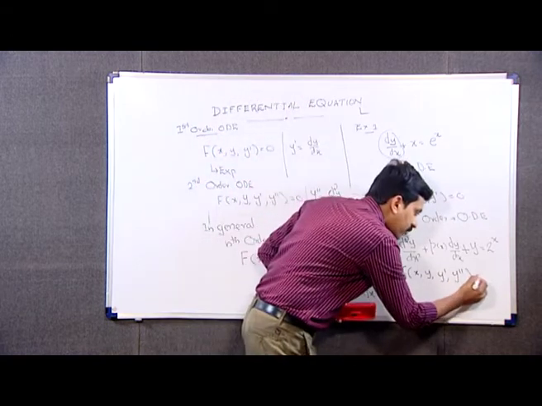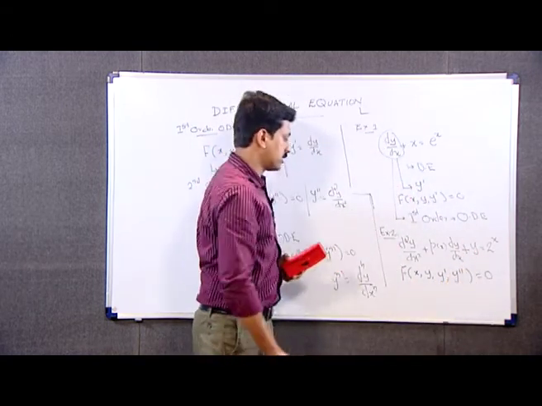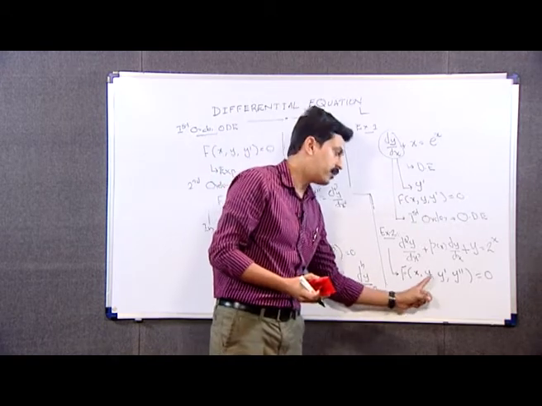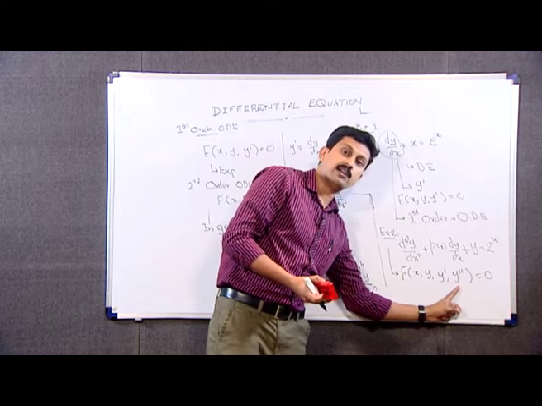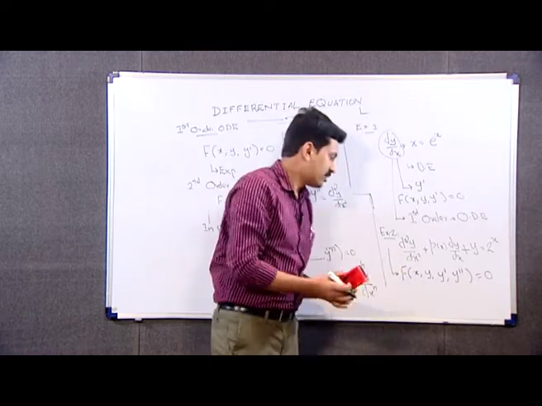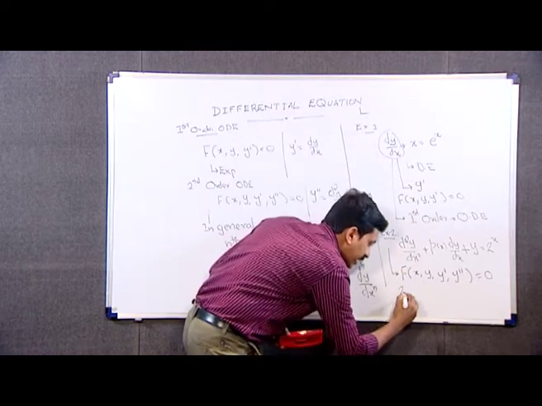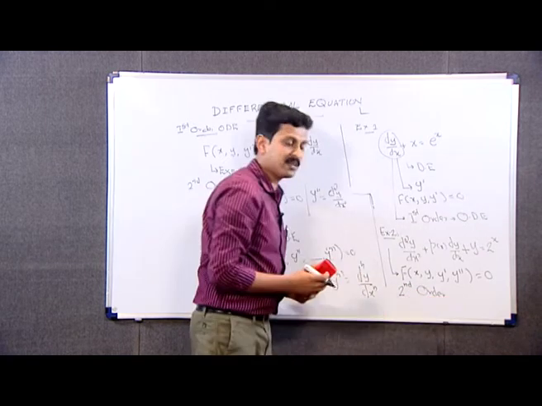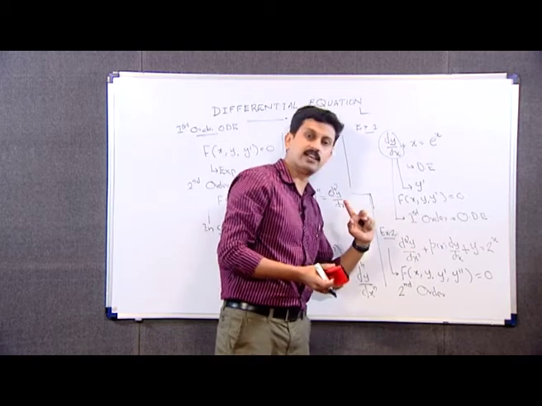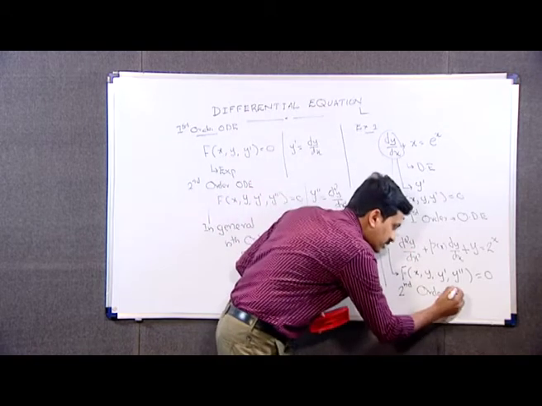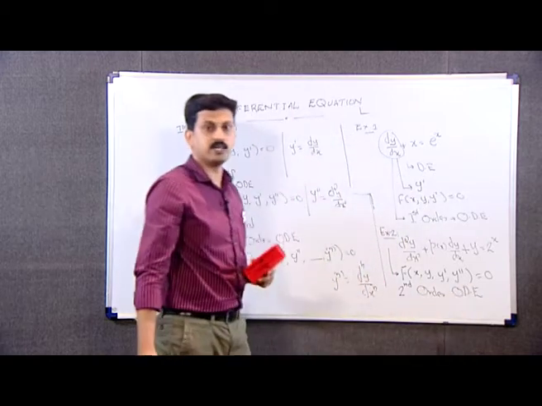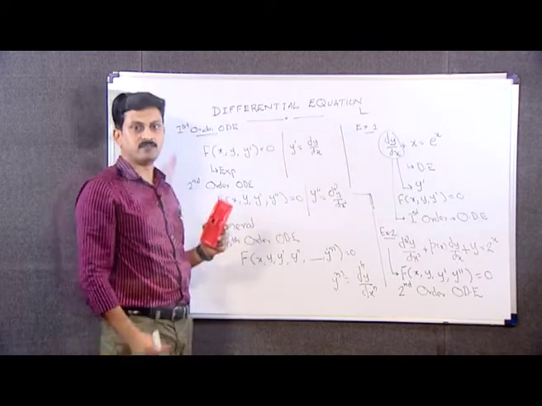That is why this comes under the category of f of x, y, y dash, y double dash equal to 0. So this is a second order, and the derivatives are ordinary derivatives. That is why this is a second order ODE.